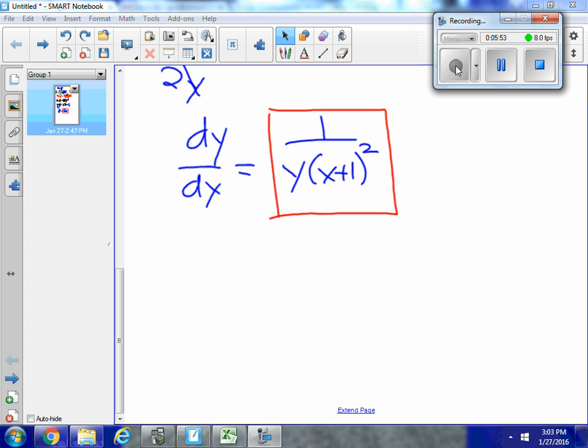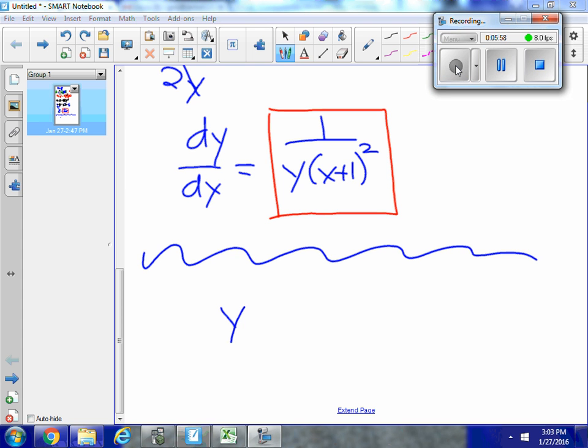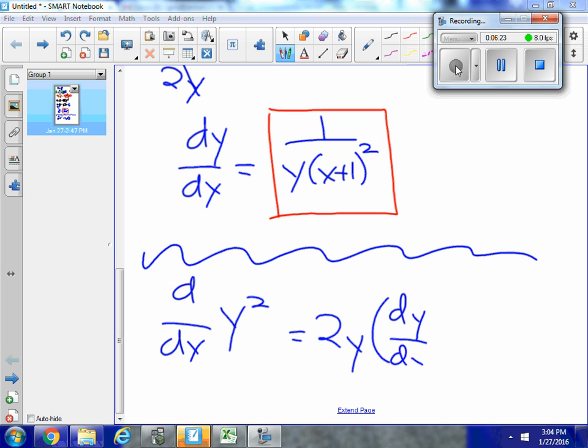Just remember, when I take a derivative of y, so I want to find a derivative of y with respect to x, let's use y squared as our example here. I'm going to use the power rule on y, so that would be 2y. But since y is itself a function, I have to multiply it by dy over dx.